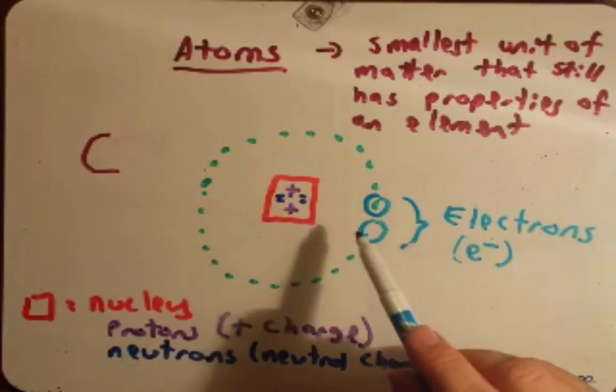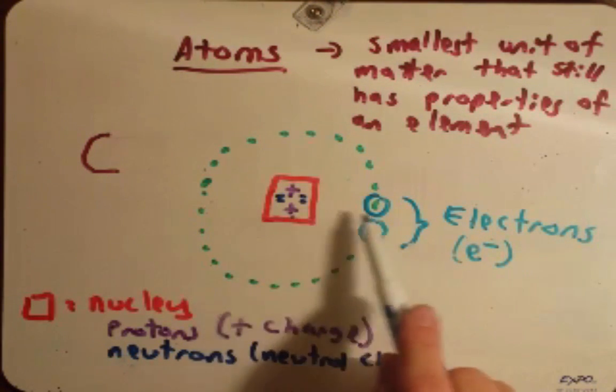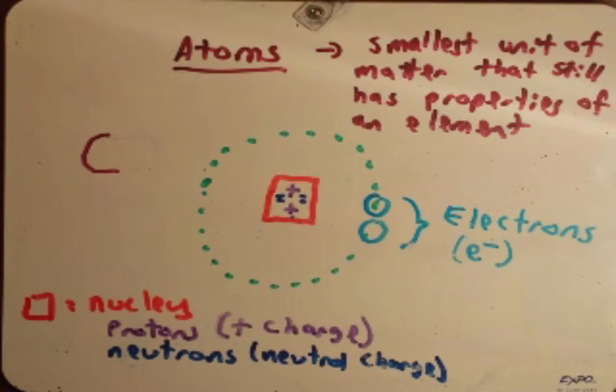So small that the distance between the nucleus and the electrons is huge. I think your book says something on the lines of, if the nucleus was the size of a baseball, the electrons would be 4 kilometers away with nothing in between them. So in relation between the space between the nucleus and the electrons, it is a vast open space.